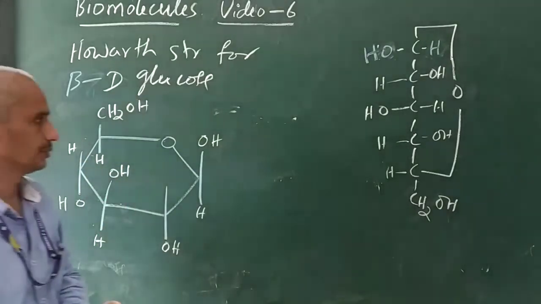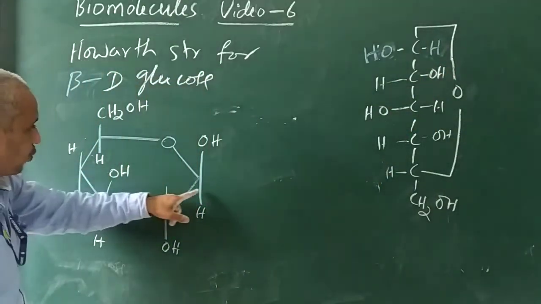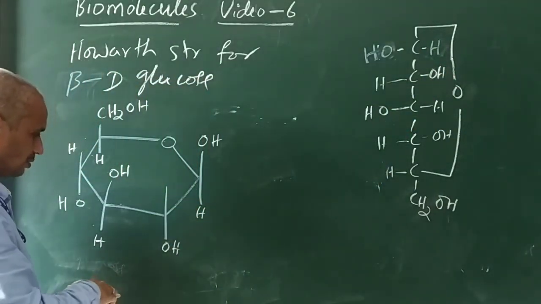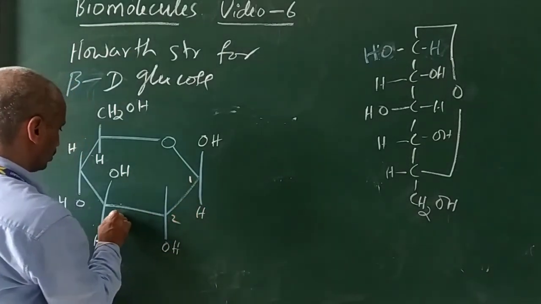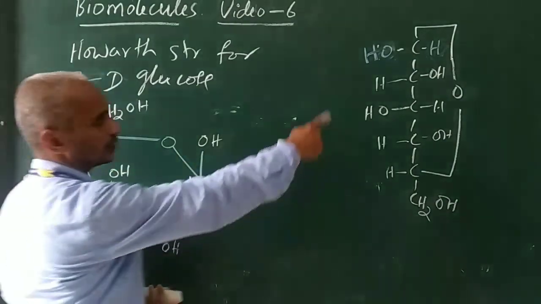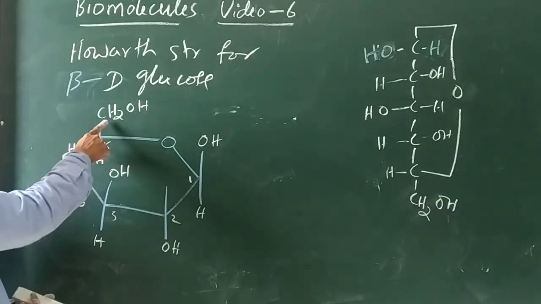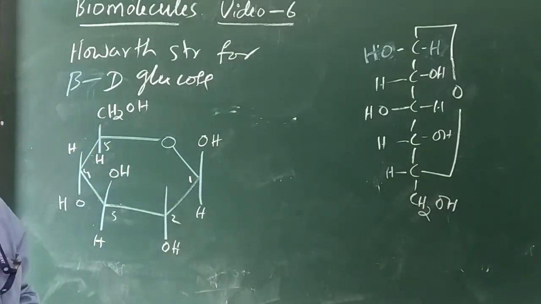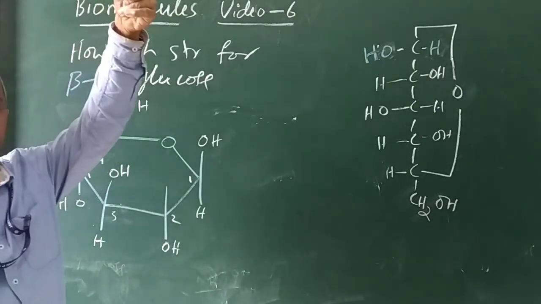See here? The fifth carbon is bonded to the oxygen of the hemiacetal ring, plus in the fifth carbon there is a CH2OH group also. And remember, the CH2OH group will always be at the top only.